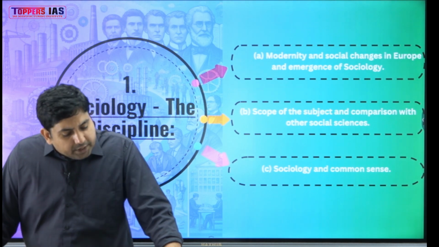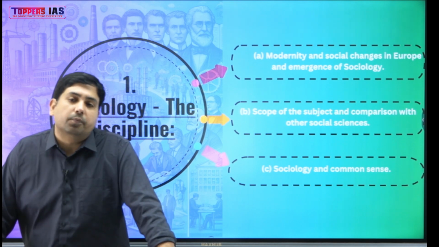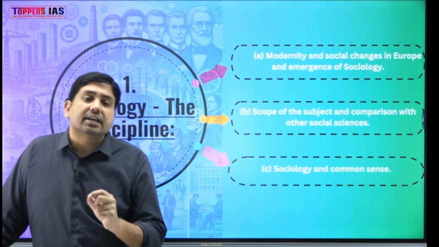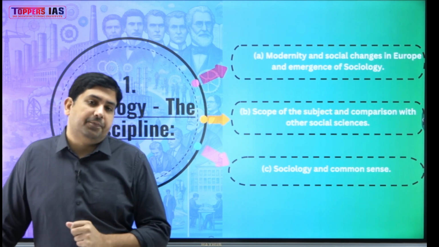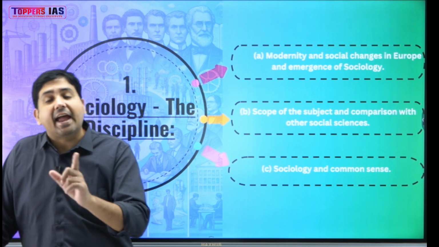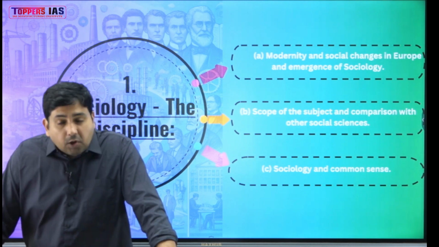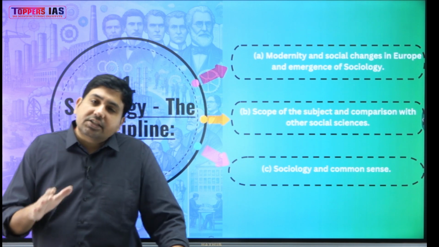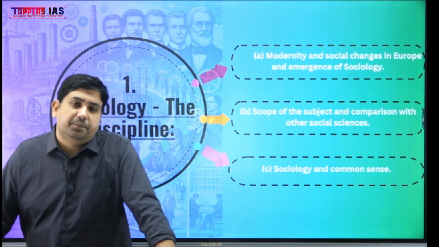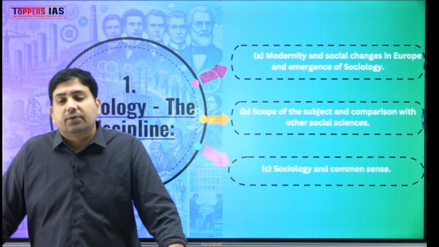Now when you look into this topic, it deals with the issue of what exactly sociology studies. What sociology can and should study? And also how it is different from other subjects that also study humans and society.